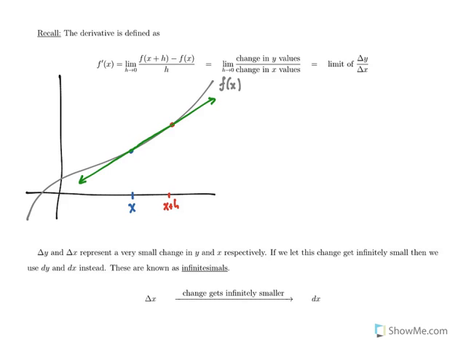So what we have here is a little triangle that's going to be very useful to think about, a right triangle, where the bottom of that triangle is delta x. It's the change in the x value. It's, in this case, x plus h minus x, or just h. And the other side is going to be the delta y, the change in the y values.